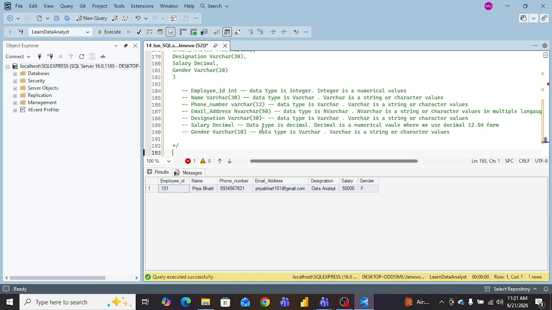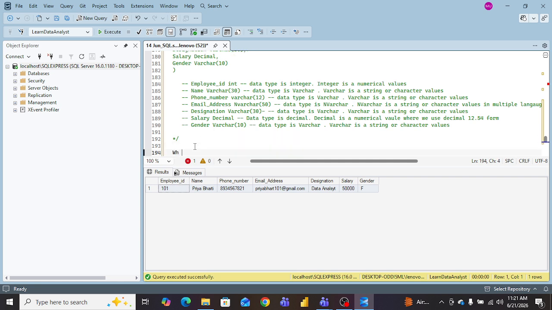Why are data types important? Let's see.